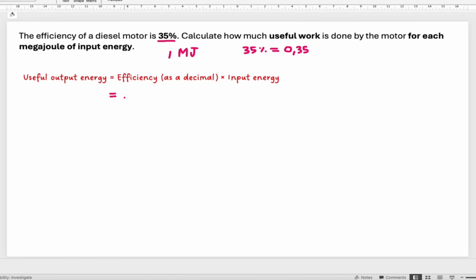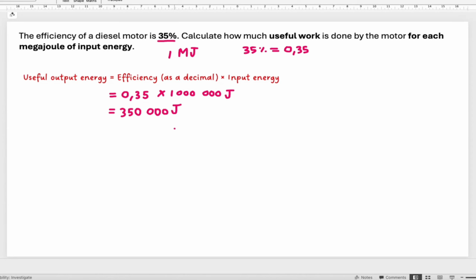The efficiency as a decimal will be 0.35. The input energy in this case is going to be 1 megajoule, and if we convert that to joules, it will be 1 million, so there should be 6 zeros. Remember, efficiency doesn't have a unit.